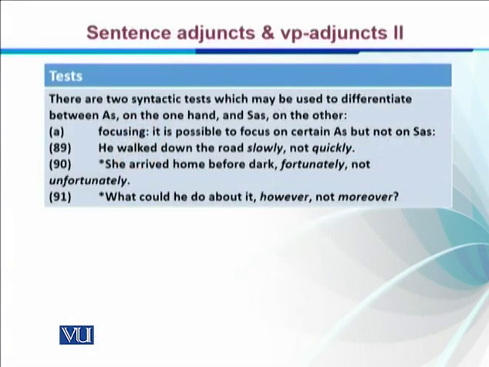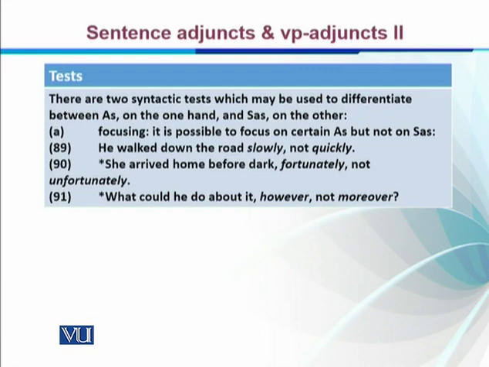So we can also apply tests. There are two syntactic tests which may be used to differentiate between adverbial adjuncts on the one hand and sentence adjuncts on the other. It is possible to focus on certain adverbial adjuncts but not on the sentence adjunct.